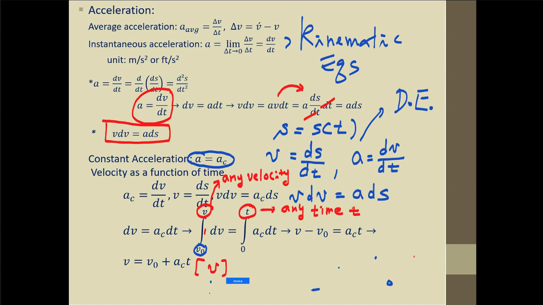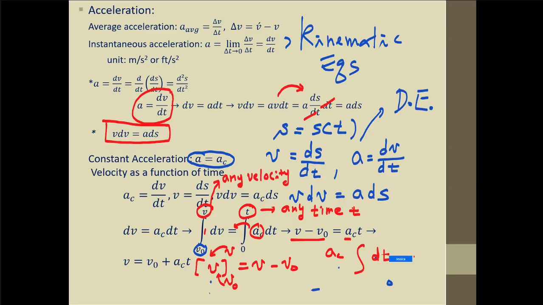Lower limit, v sub 0. Upper limit, just v, any v. That equals what? Plug in the upper limit first, and subtract the lower limit value, v0. See, that's why we have this one. Right-hand side, a_c is constant, we take it out. So a_c times the integral of dt.